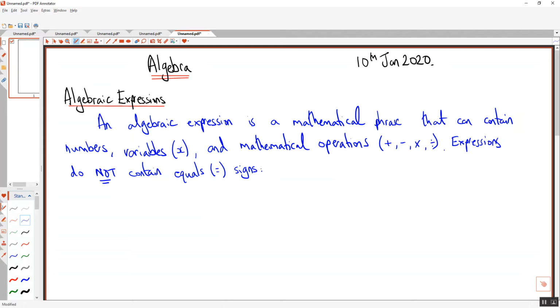Who knows if it does contain an equals sign, what is it called then instead? Changes from an expression into... No. You know the word. Begins with E as well. Oh, equation. It changes into an equation, right. So if it's got an equal sign, it's an equation. If it doesn't have an equal sign, it's an expression.